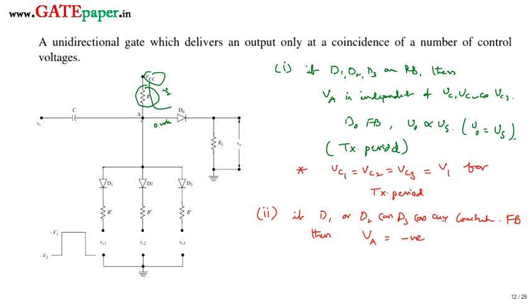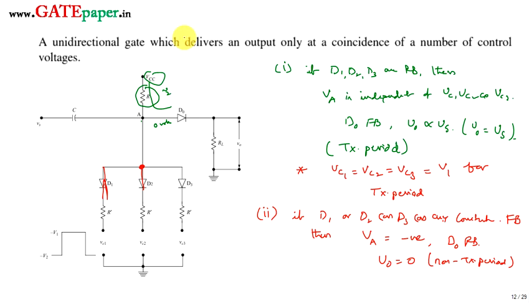Since it is acting as a short circuit along that path, the voltage at this node is going to be negative. So VA becomes negative, that makes D0 reverse biased. So V0 is equal to 0, which means the non-transmission period.